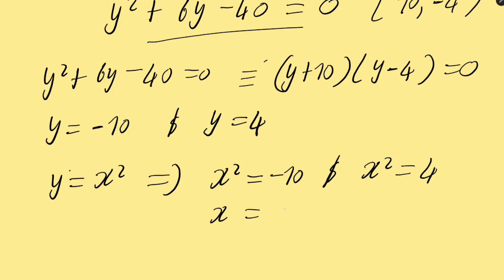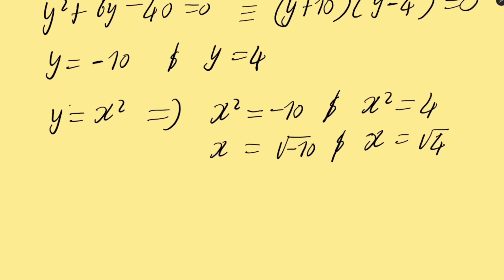Our x is equal to the square root of negative 10 and our x is equal to the square root of 4. If we are solving this, the square root of a negative number does not exist among the reals. So one of these solutions is a complex solution, which is equal to plus or minus i square root of 10, and our x is equal to 2.